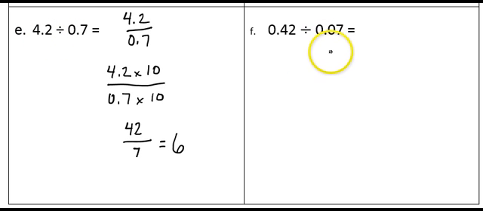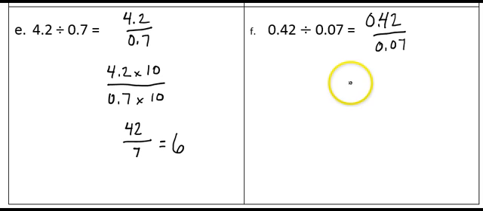And my last problem. I have 42 hundredths divided by 7 hundredths. I'll write that as a fraction, and we would read that as 42 hundredths divided by 7 hundredths. This time I'll multiply by 100 to get whole numbers.